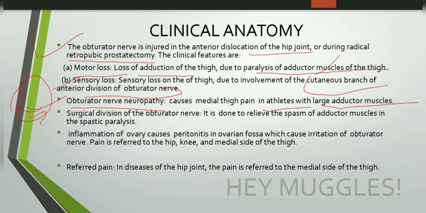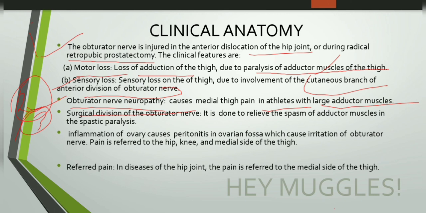Then third, we have surgical division of your obturator nerve. Sometimes there is a spastic paralysis of your adductor muscles. What is spastic paralysis? In spastic paralysis, there is increased muscle tone which causes stiffness of the muscles.